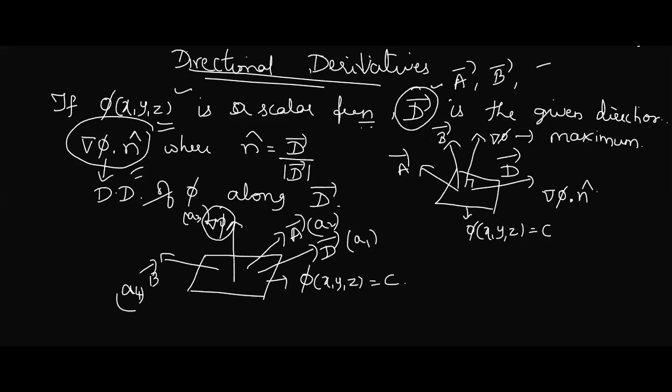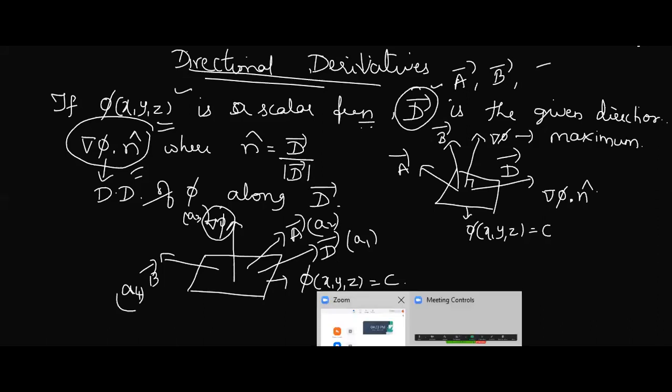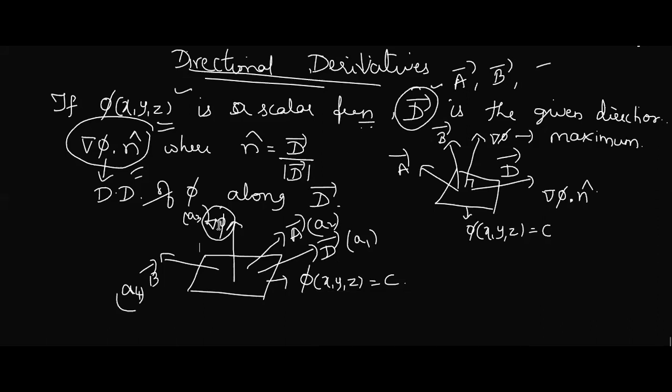Okay, good. See, when we take maximum and minimum, we may get many different concepts related to this. So they have observed that when you take different directions, the vector perpendicular to the surface gives the maximum value of the directional derivative.